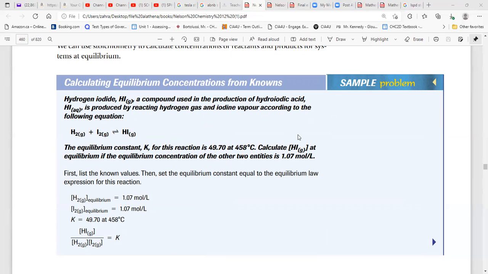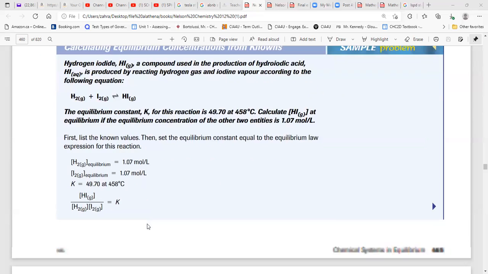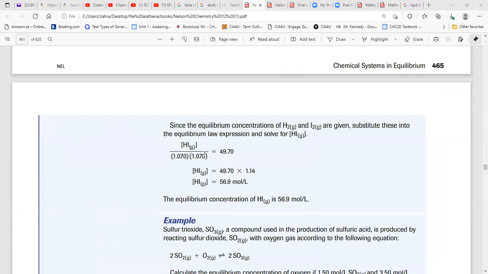Calculate the HI concentration at equilibrium if the concentration of the other two entities is 1.07 for H2 and 1.07 for I2. You want to find the concentration of HI. Again, we establish the K constant equation. Since the concentrations of H2 and I2 are given and K is given, the only unknown is HI. We just rearrange for HI to calculate its concentration.